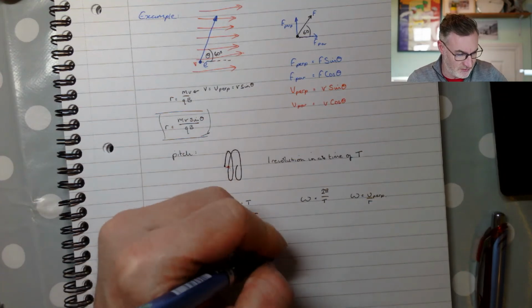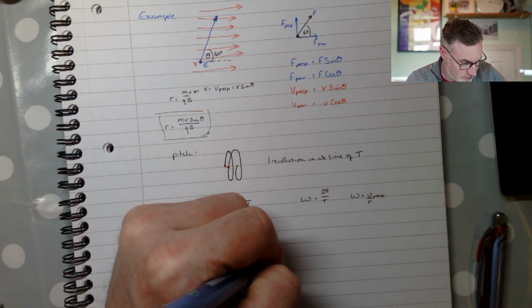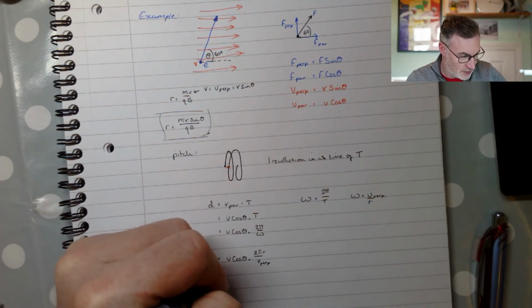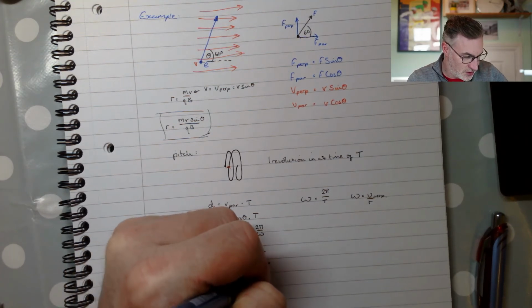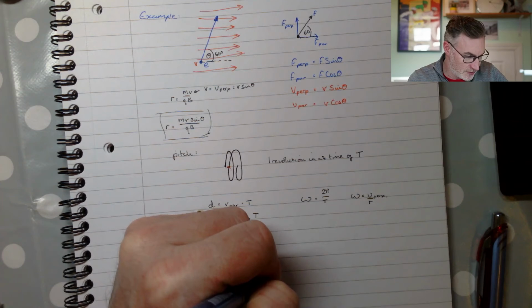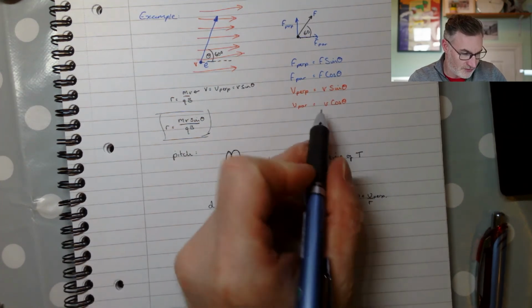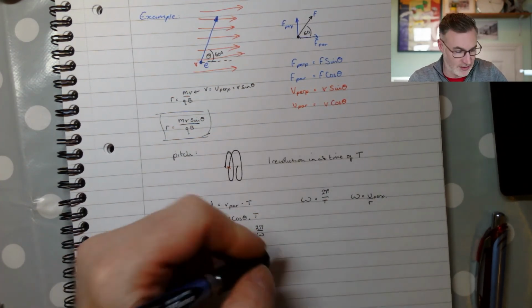But this is the v perpendicular, so it's v cos theta times 2 pi r over v perpendicular, which would be v sine theta.